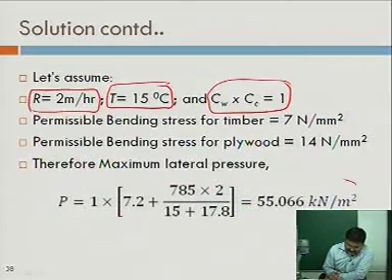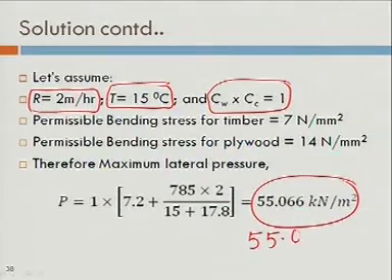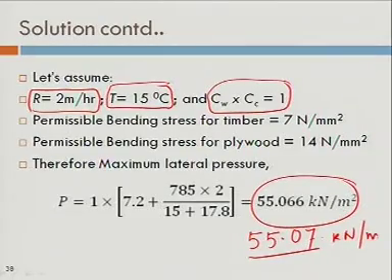Are you getting this? Fine. 55.07 kilonewton per meter square. So that means pressure you have already calculated.